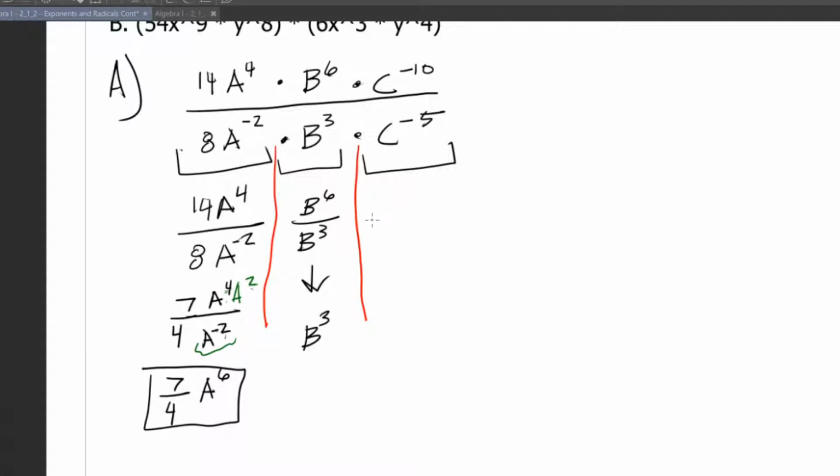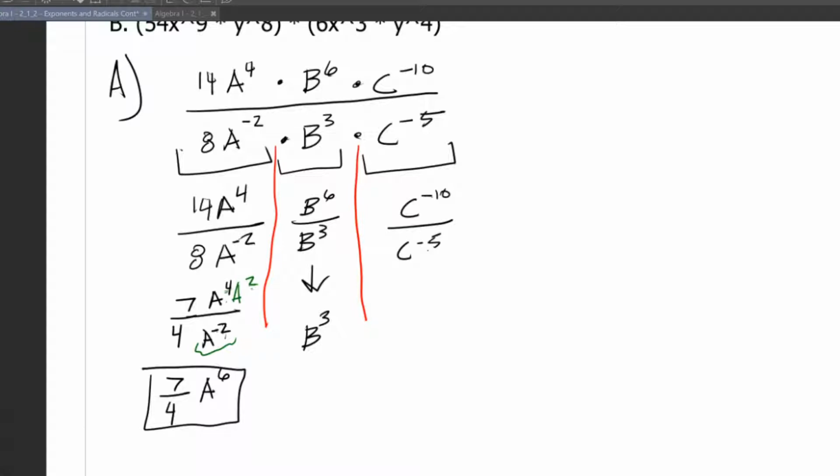Okay, and then this last part here, C to the minus 10 over C to the minus 5. So this gets a little tricky, but since this is a minus, we'll move that up and make it positive. And then since this is a minus, we'll move it down and make it positive.